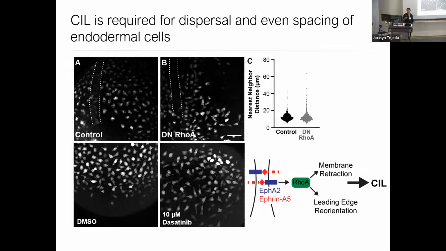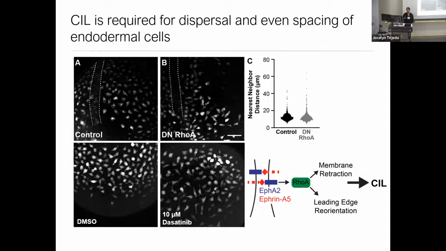At this point in time, cells are maximally dispersed across the embryo. And not only are they widely distributed, but I hope you can appreciate that they also have a very highly ordered, very regularly spaced pattern in terms of their cell positions.